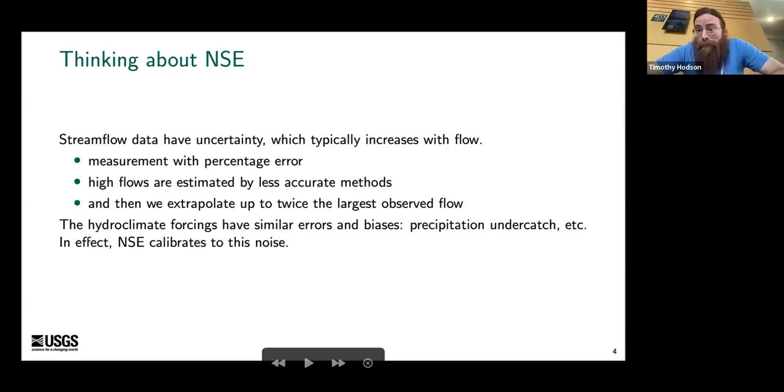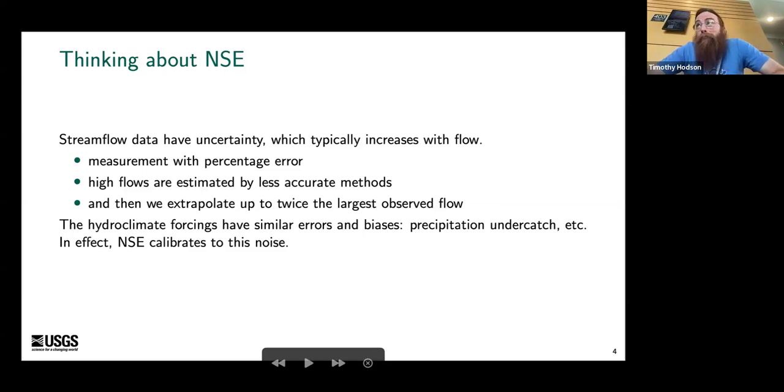Those measurements themselves have an inherent uncertainty, which grows at higher flows. Furthermore, high flows are often estimated by less accurate methods, like slope area, which can have 30, 50% uncertainty. We don't really know how to quantify it, but it can be large.